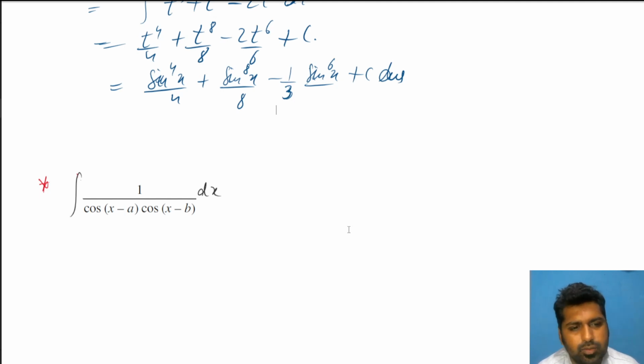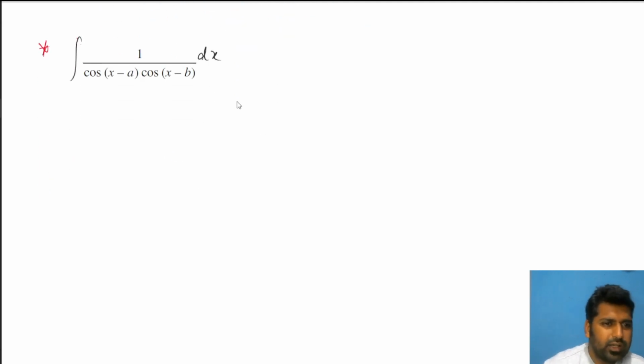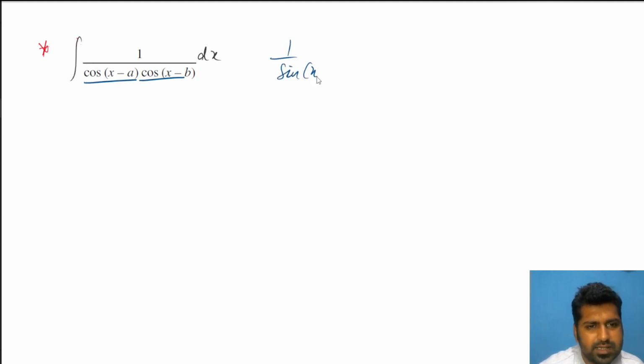Again, very unique kind of question, not because a very unique property is used, a very unique style of adjustment is used in this question. So let's see this. You have this, the idea is to how to identify this kind of question is cos is in product. But the problem is they are in denominator. This question can be written as 1 by suppose sine x minus a, sine x minus b.